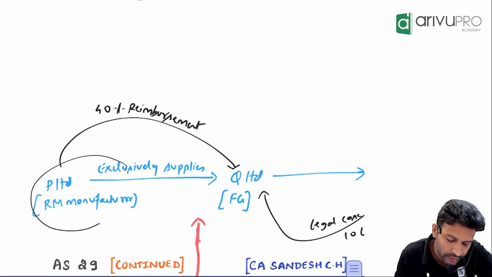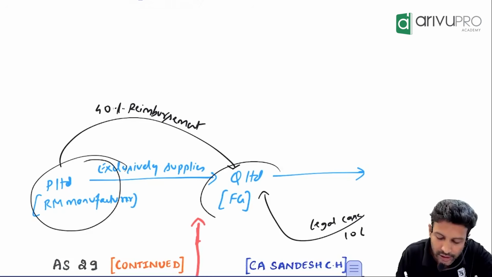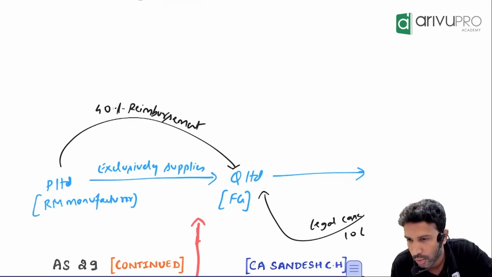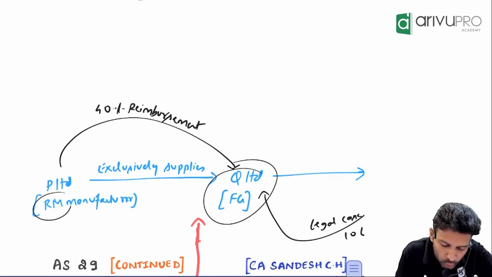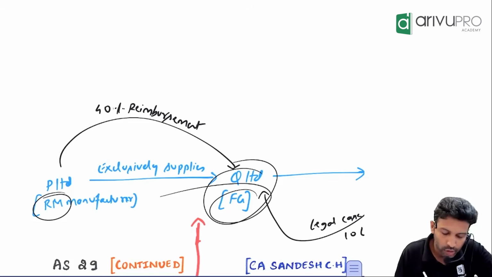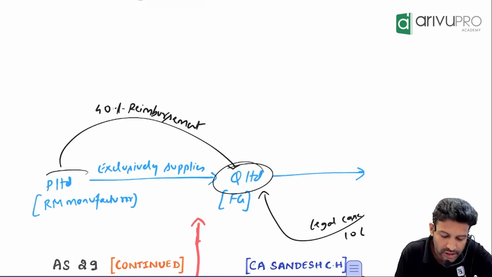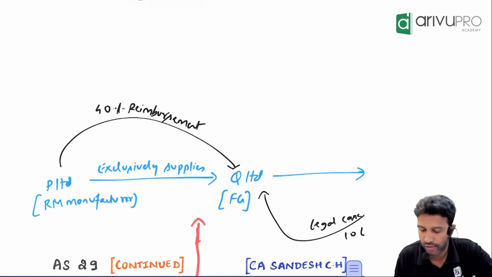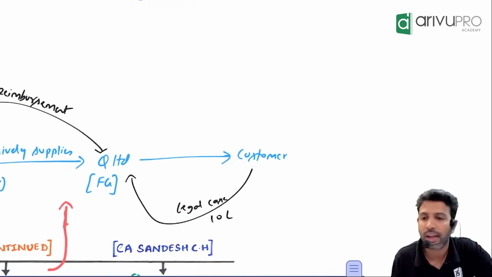All the raw material which P Limited has manufactured, they sell to another entity called Q. Q will use this raw material and manufacture finished goods. Q Limited will purchase all the raw material from P, convert it into finished goods, and the finished goods are sold to customers.